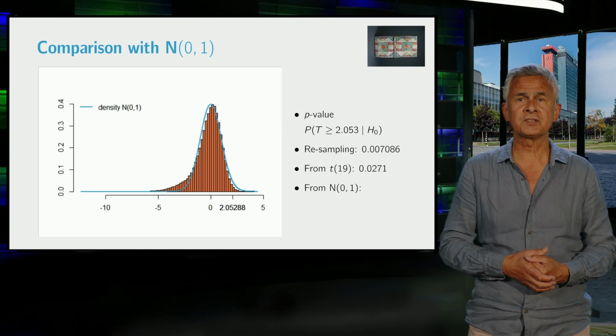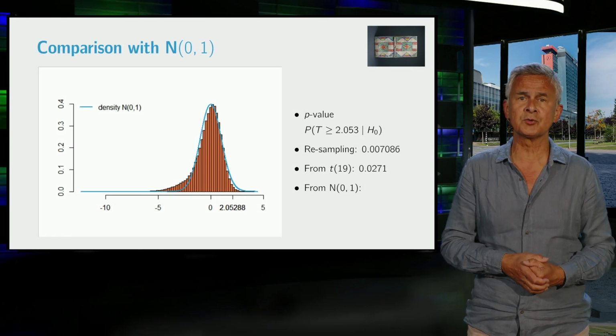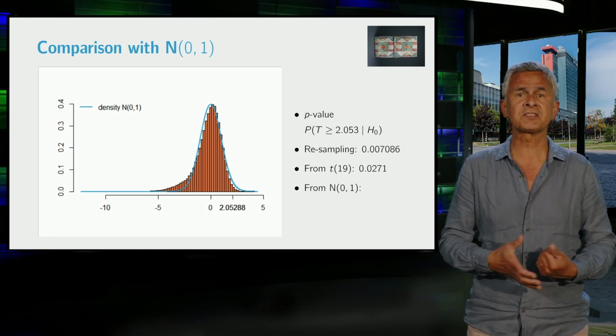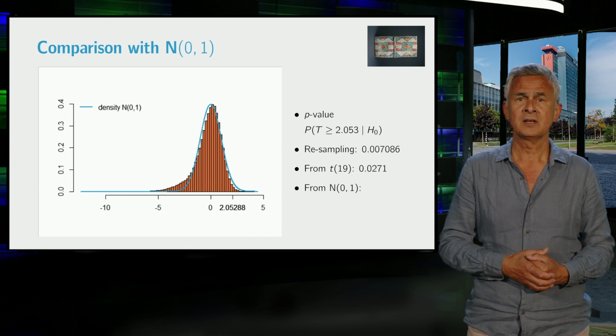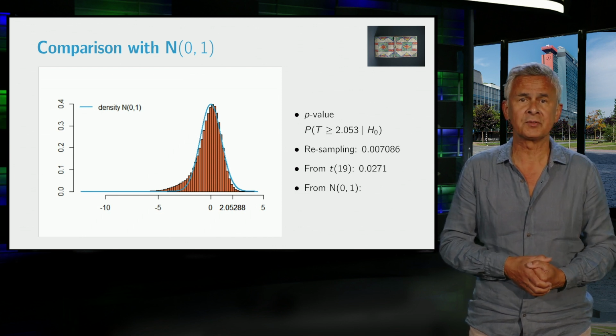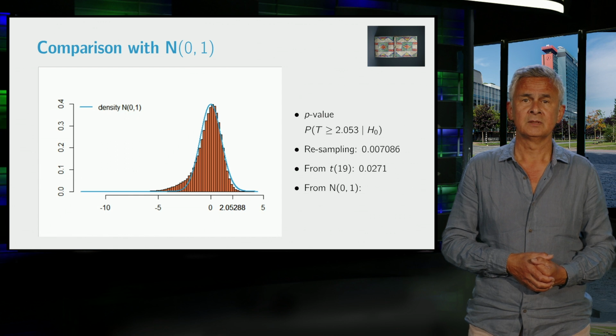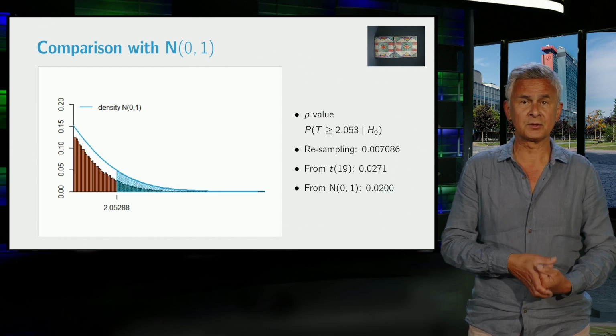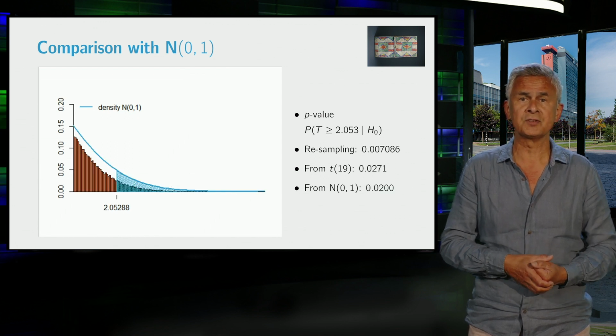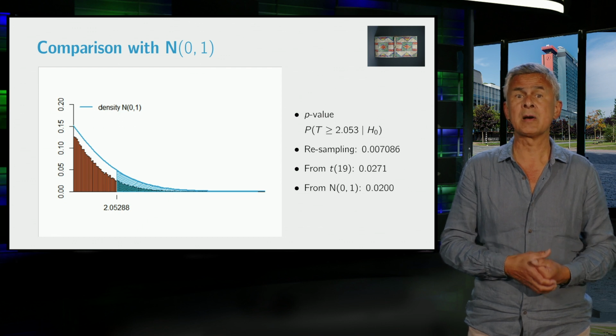Now the situation is the same if we approximate the distribution of the studentized mean by a standard normal distribution as a consequence of the central limit theorem. The p-value computed from the standard normal is 0.0200, about 3 times higher.